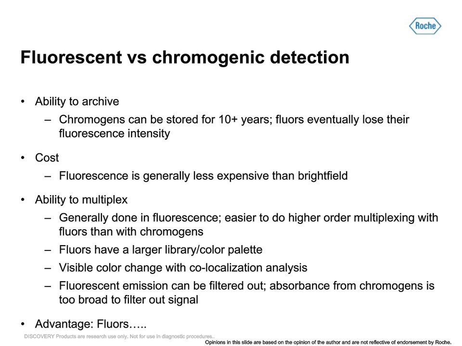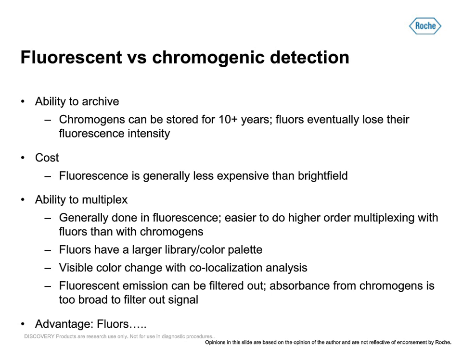So currently, the ability to multiplex is generally done in fluorescence, and it is a lot easier to do higher order multiplexing: triple stains, maybe quadruple stains, or pentuple stains with fluorescence, just for the ability that you could filter out the signals and see which cells are truly lighting up with your respective fluorophore.